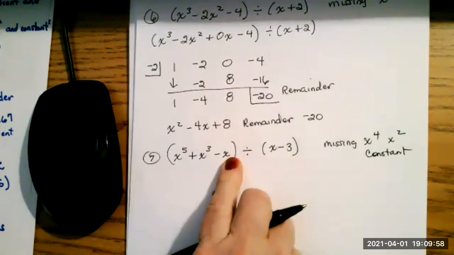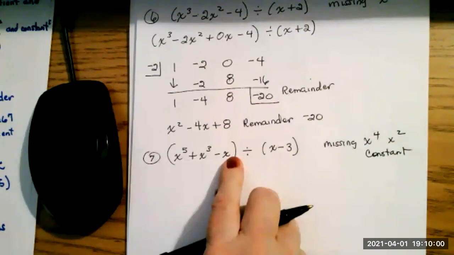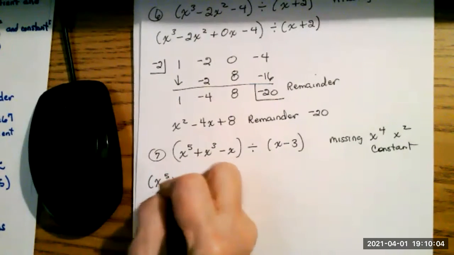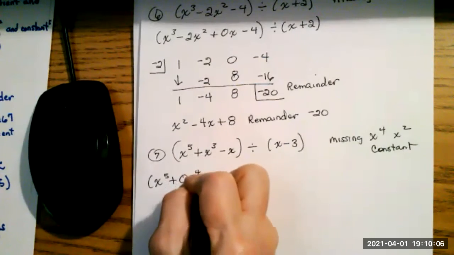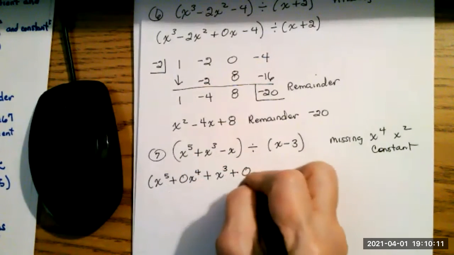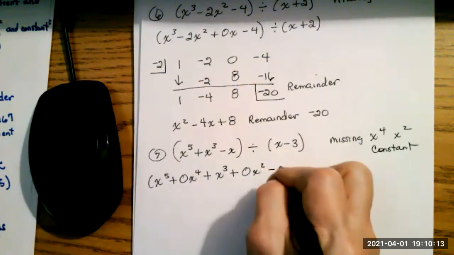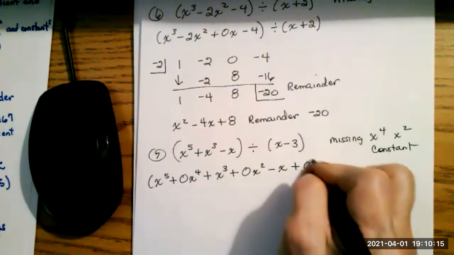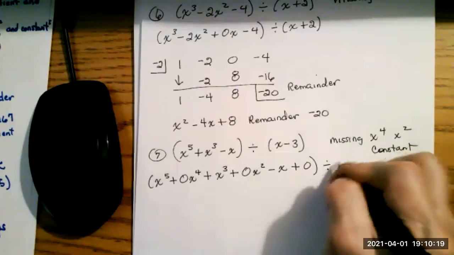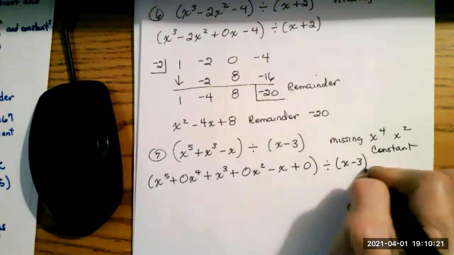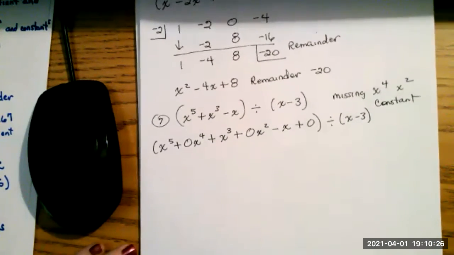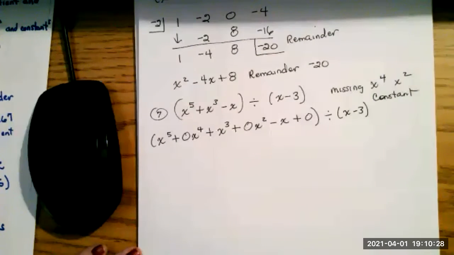It doesn't have a number on the end. So we're going to have to do x to the 5th plus 0x to the 4th plus x to the 3rd plus 0x to the 2nd minus x plus 0. We have to have a placeholder right there, divided by x minus 3. It has to have the constant on it. This is the first one that we're missing the constant on.